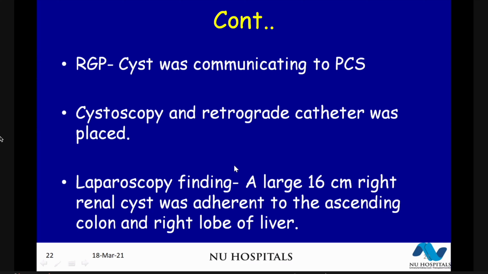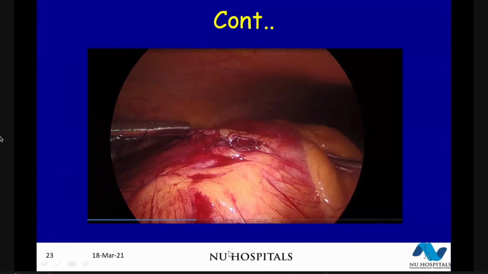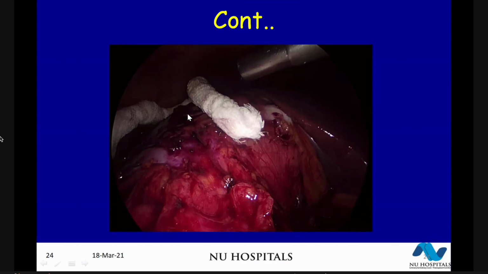During laparoscopy, we saw a large cyst which was adherent to the ascending colon and the right lower lobe of the liver. We mobilized the colon medially and placed lap sponges all around.